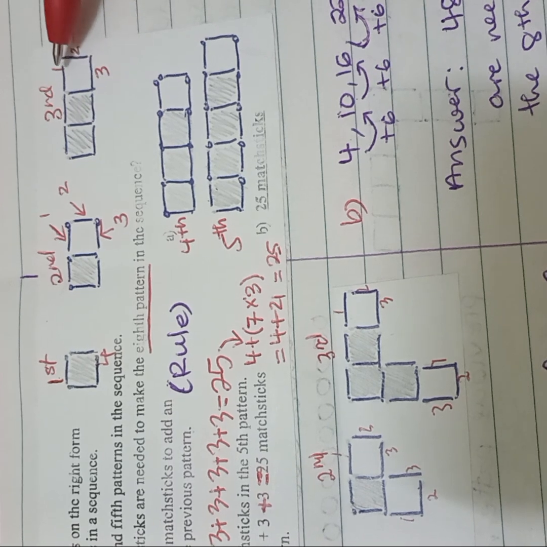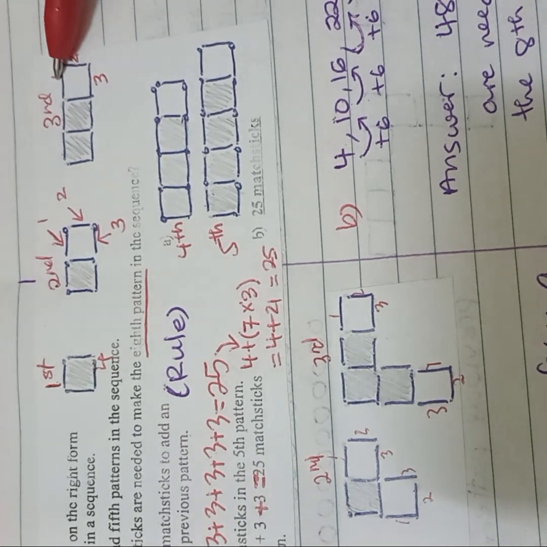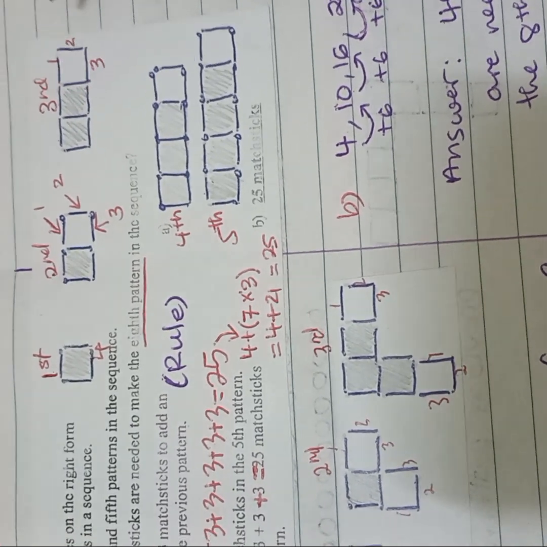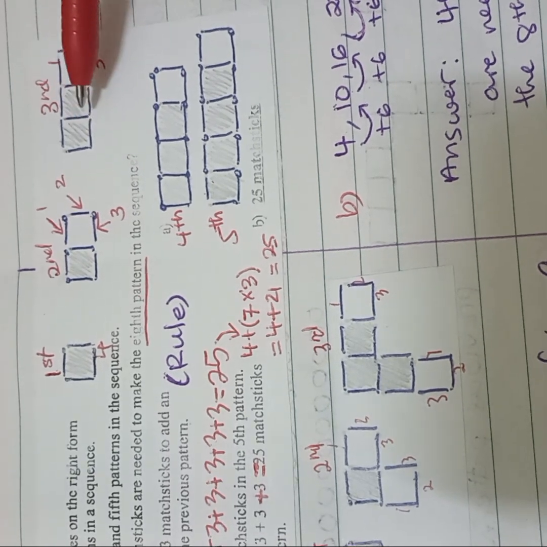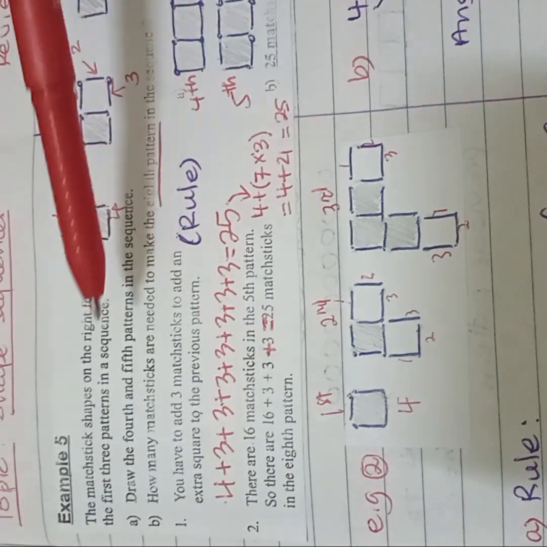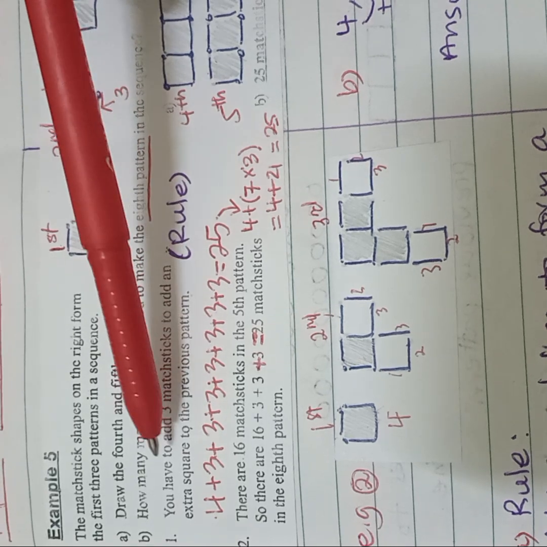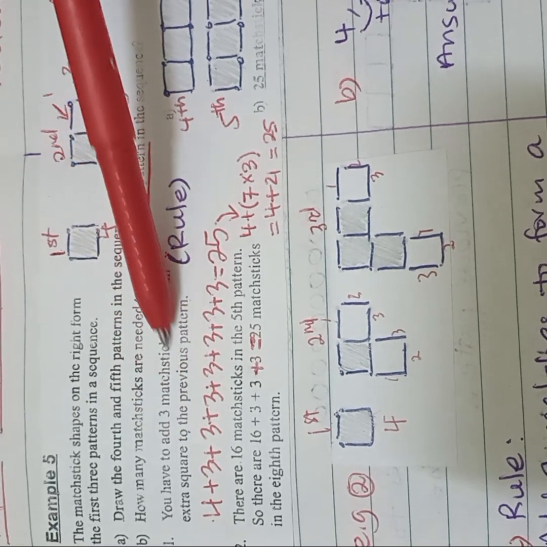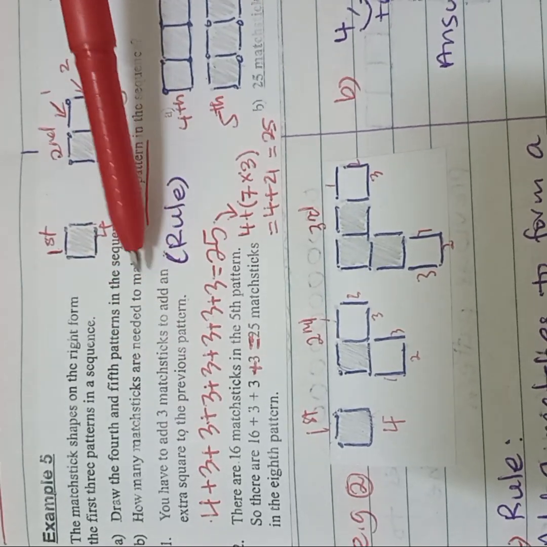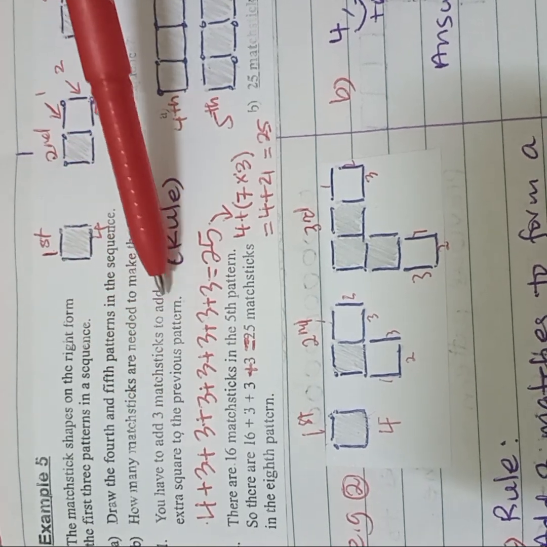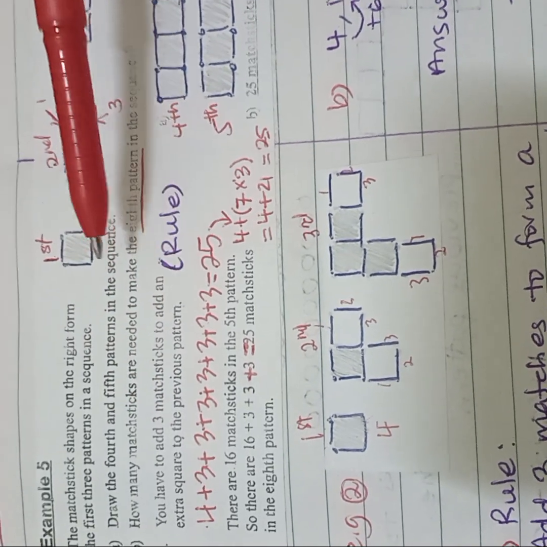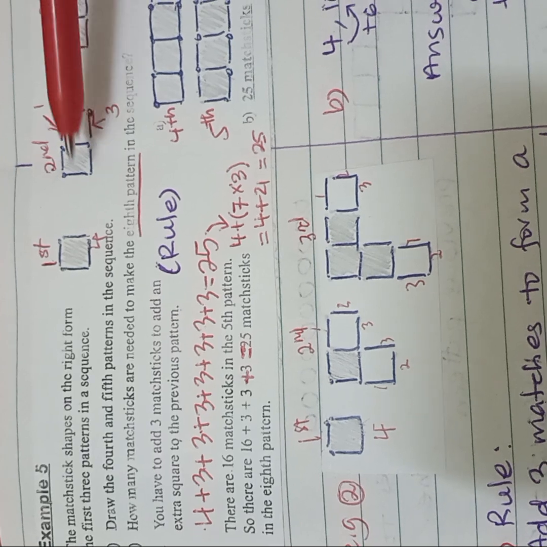So as you can see, the rule is adding 3 matches to the right side of the existing pattern. As stated here, you have to add 3 matches to add an extra square to the previous pattern, specifically to the right side of the previous one.